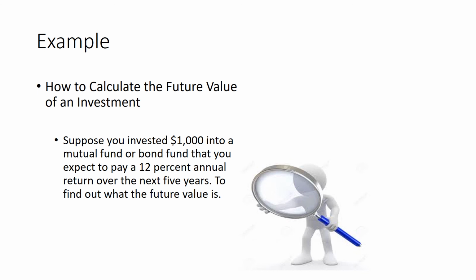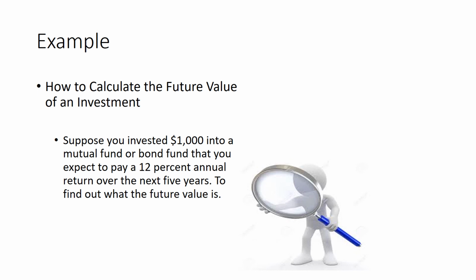Then our present value is 1,000. You're investing 1,000, so it's actually going to be negative 1,000 because that's what you're handing over. That's what you're putting down. That's what we call our outflow. So it's negative, but it's $1,000, because again that's what you're investing.